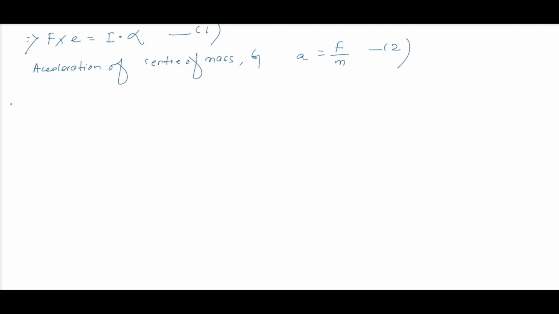Now the angular acceleration of the body, denoted by symbol alpha, will be equal to F into E divided by I. Let us say this is equation 3. One is acceleration of the center of mass, another is angular acceleration of the body.